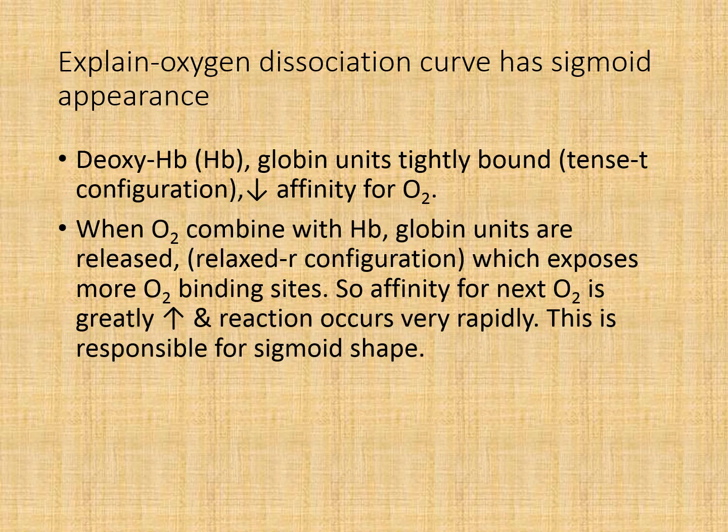But when oxygen combines with the hemoglobin, the globin units are released, that is known as relaxed or R configuration, which exposes more oxygen binding sites. So the affinity for the next oxygen molecule is greatly increased and the reaction occurs very rapidly. This is responsible for the sigmoid shape of the oxygen hemoglobin dissociation curve.